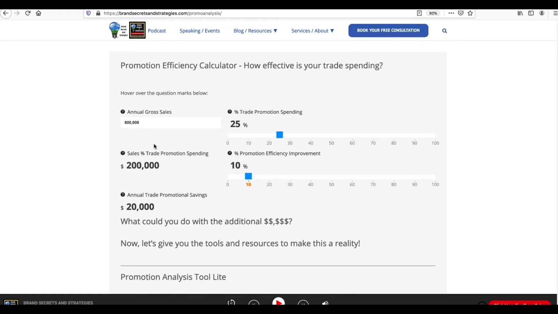So let's change some of these numbers and show you how dramatic this can be and why this matters. Let's say, just to make it easy, I am a $1.2 million brand. At 25%, I'm spending $300,000 a year on my trade spending. Now, let's say that I'm able to go from 5 promotions down to 3 promotions.